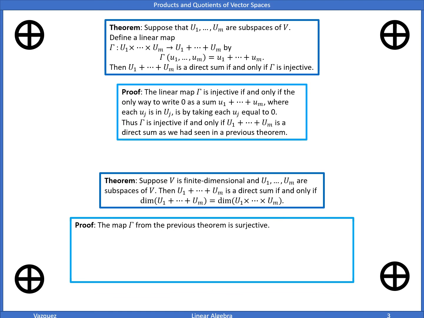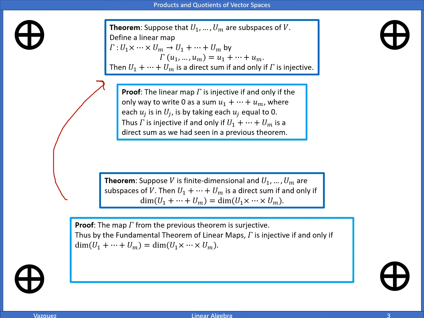The mapping from the previous theorem is surjective, right? This is the previous theorem. This is surjective. So what can we say about that? Well, by the fundamental theorem of linear maps, the mapping is injective if and only if this equality holds. Now, why is that?